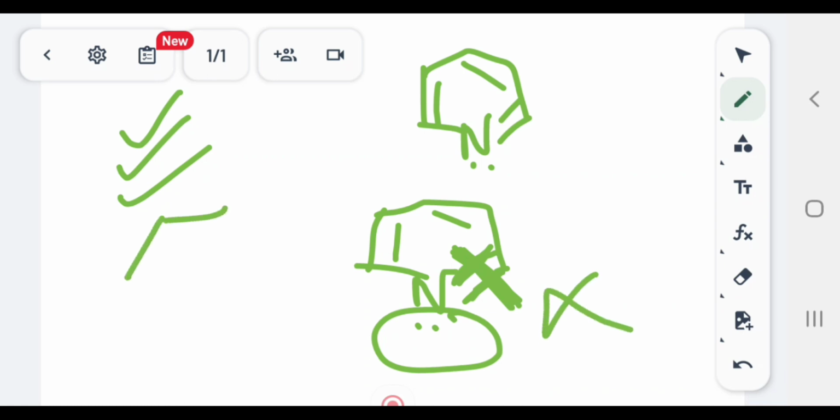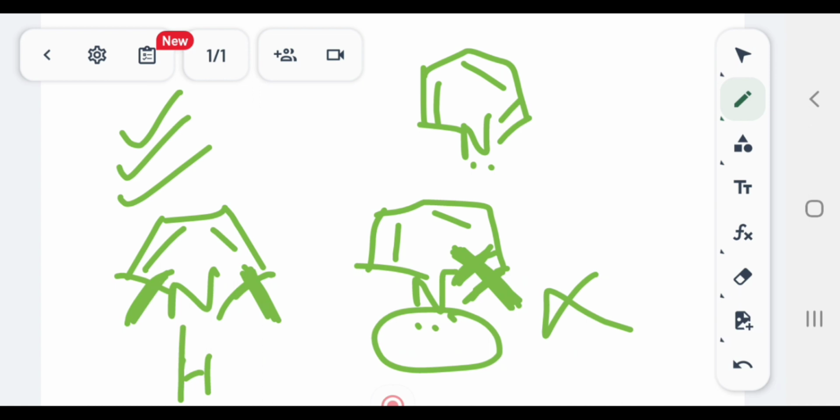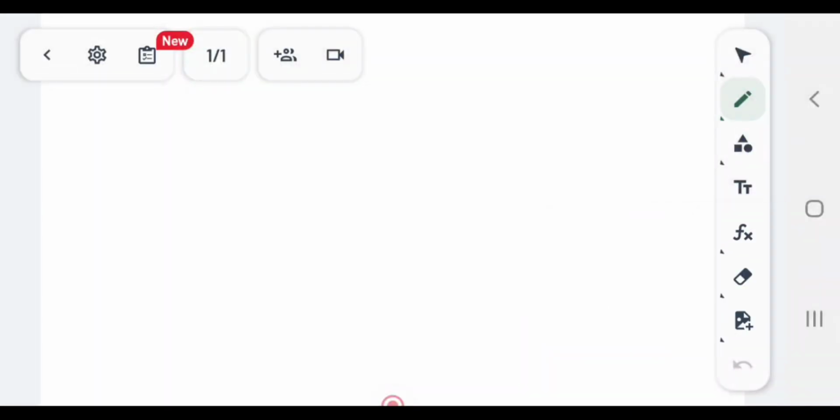In pyrrole, there is no double bond near nitrogen. That is why we have included the lone pair of electrons. But here in pyridine, the nitrogen has a double bond. So here you should not include this lone pair of electrons. I hope you can understand this concept.